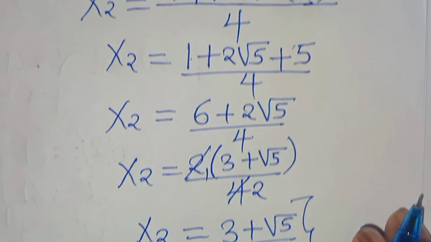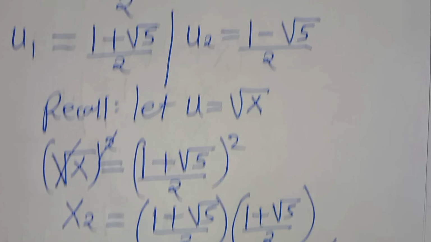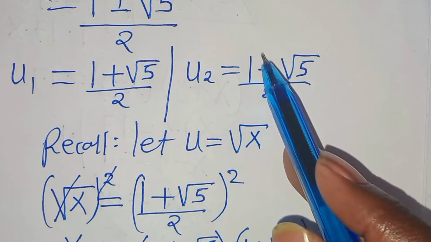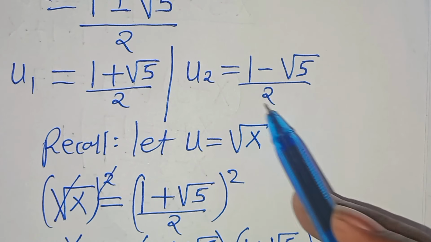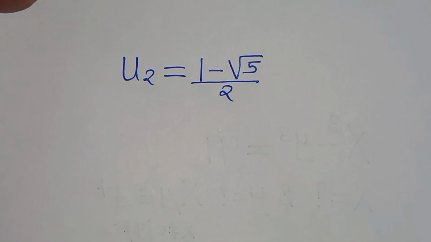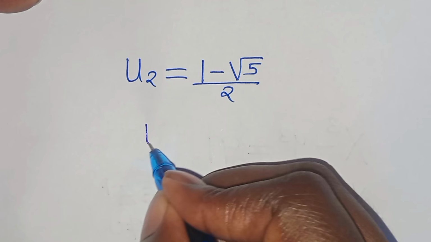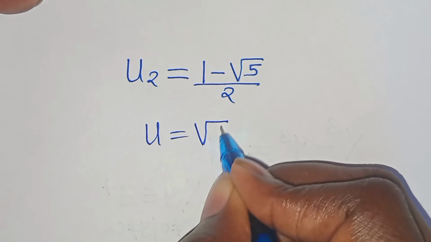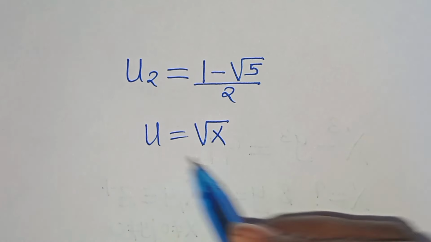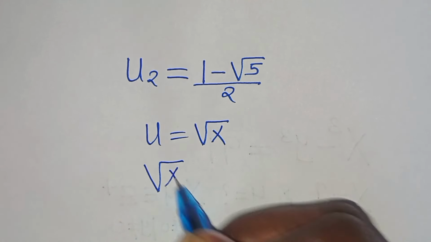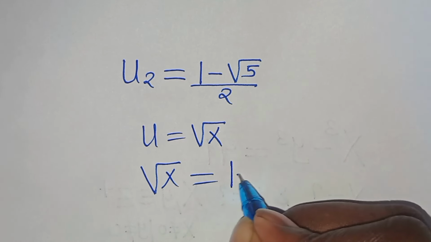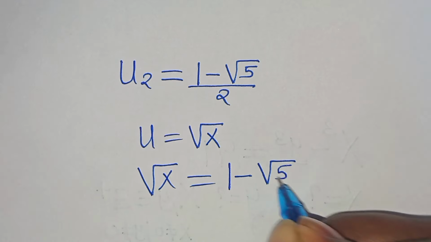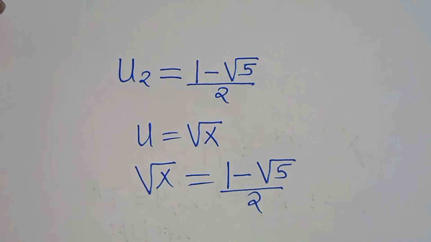So let's solve for the value of x, given again here that u2 is 1 minus square root of 5 over 2. Now, again, given that u is equal to square root of x, we can substitute here so that we have square root of x. This is equal to 1 minus square root of 5 over 2.